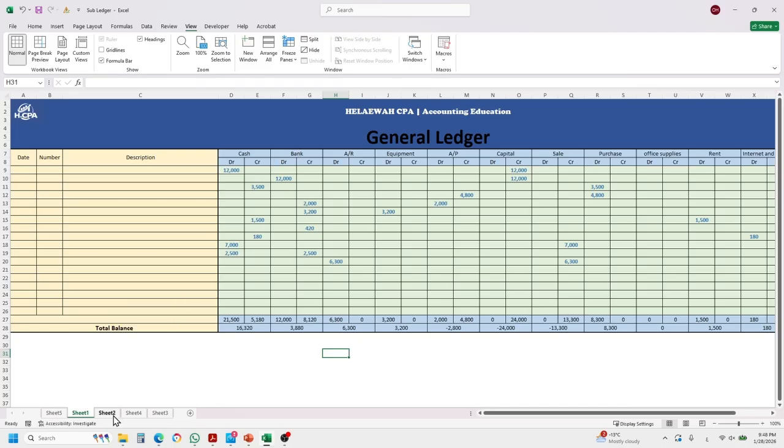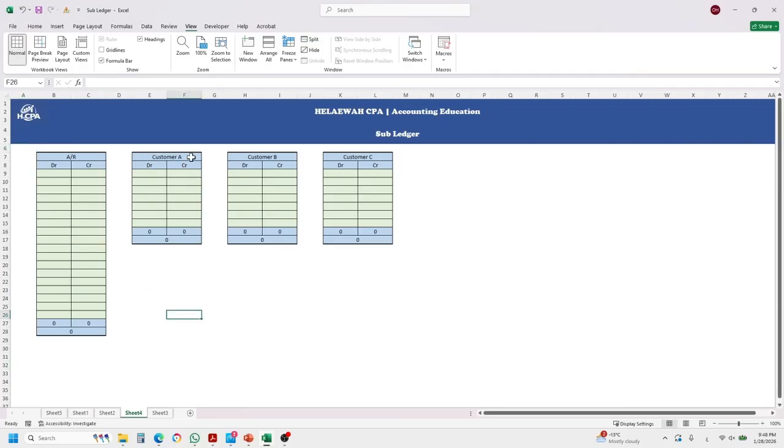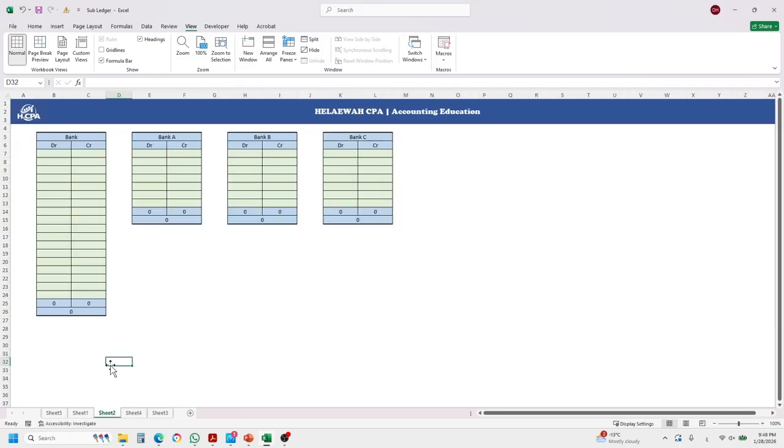But what if we have more than one bank account, or more than one customer in accounts receivable? Here, the subledger came to fix this problem.